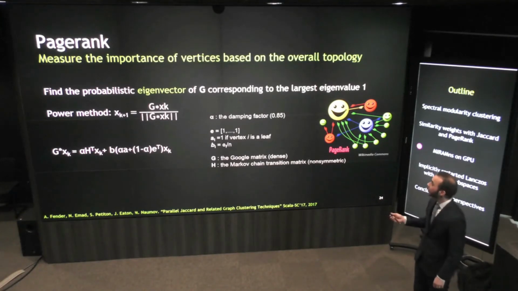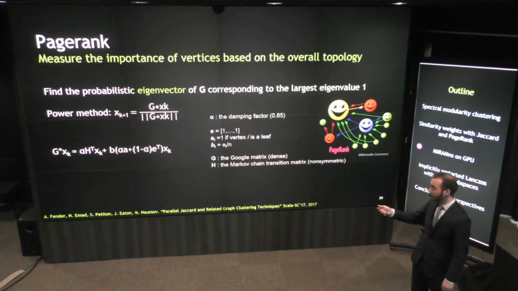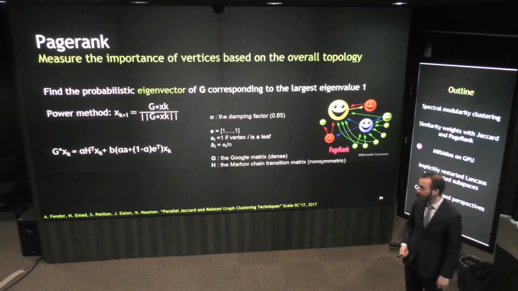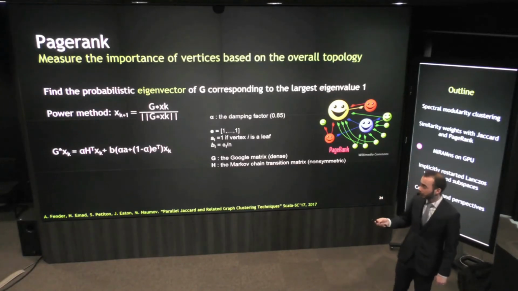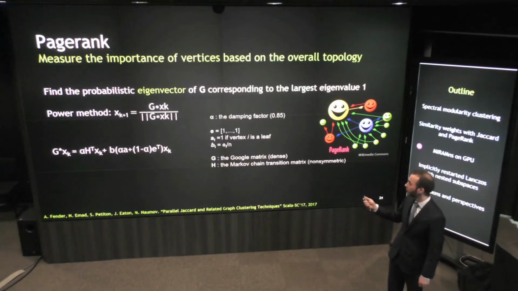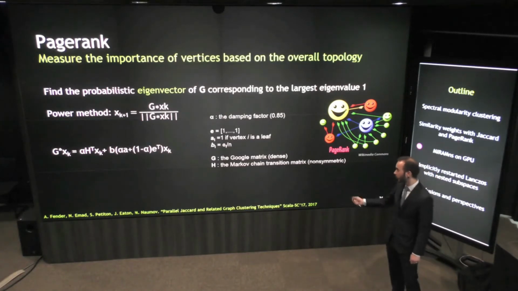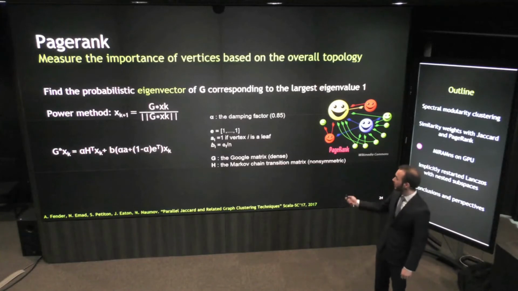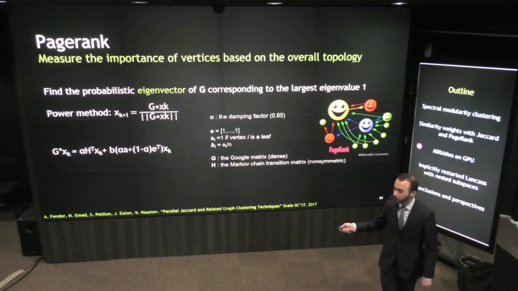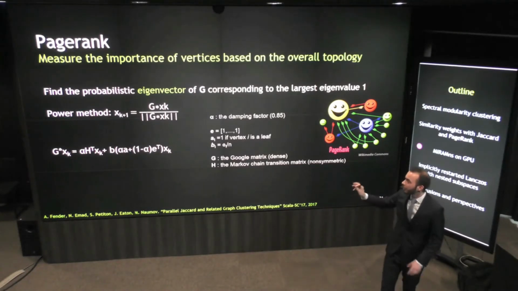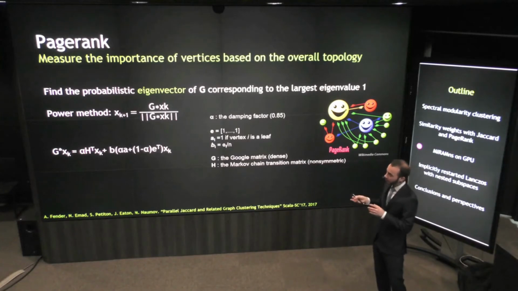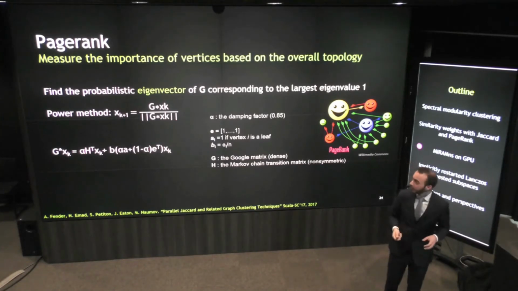In terms of math, a common way of computing it is by solving an eigenvalue problem, where we look for the largest eigenvector, because we know that the largest eigenvalue is 1, because of the way the matrix is formed. It's a Markov chain, and it's substochastic.